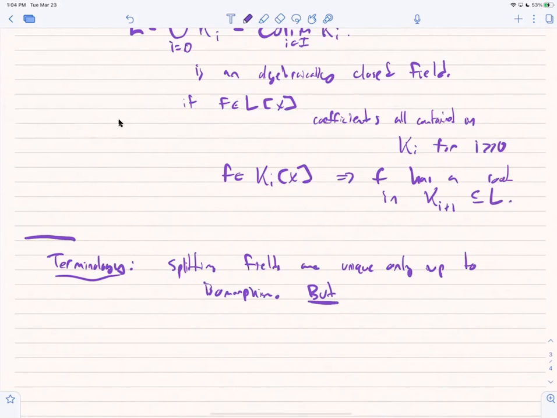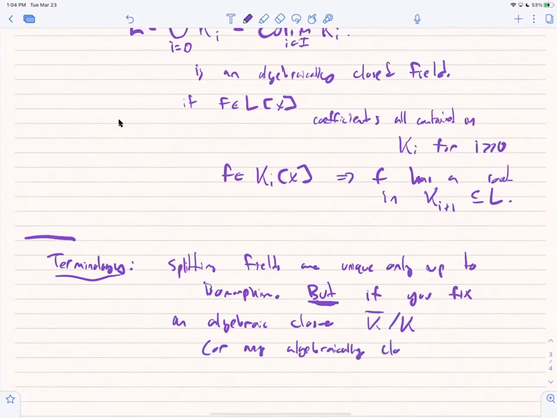So here the fix is, if you fix an algebraic closure K bar over K, or in fact any algebraically closed extension. For example, if K was Q, instead of K bar you could take the complex numbers.